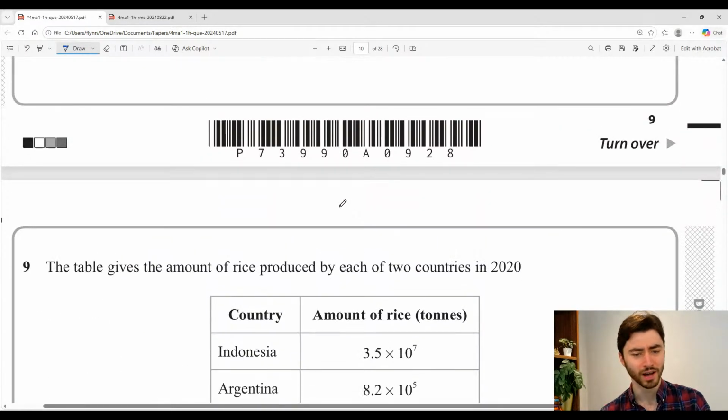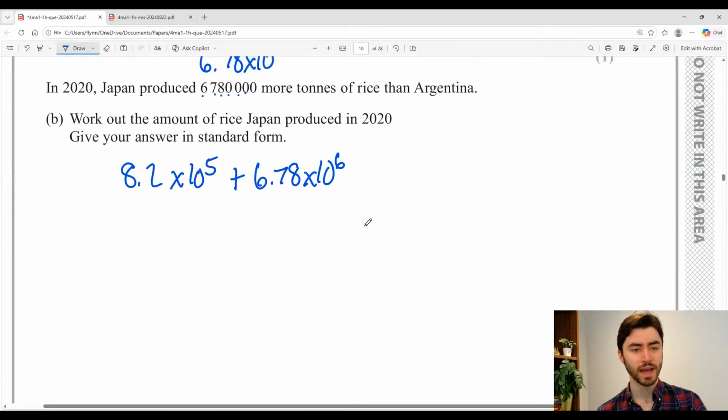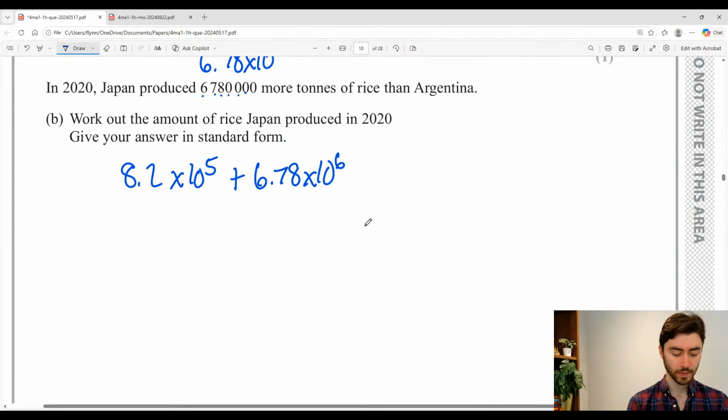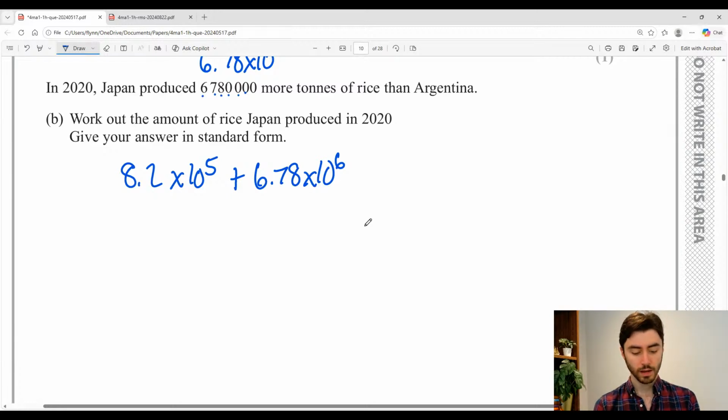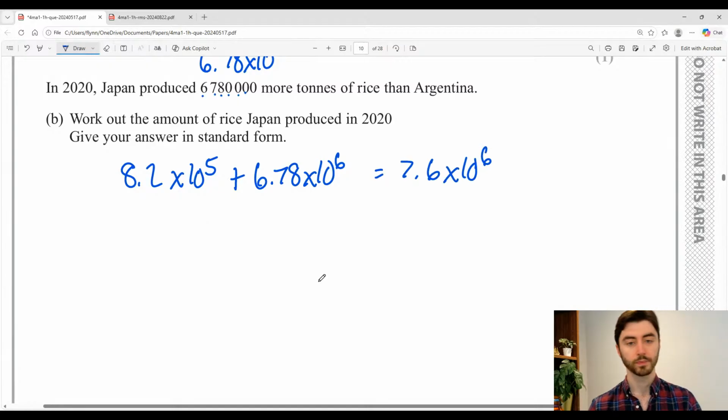I can type that direct into my calculator, actually. And say 8.2 times 10 to the 5 plus 6.78 times 10 to the 6, and get an answer of 7.6 times 10 to the 6.